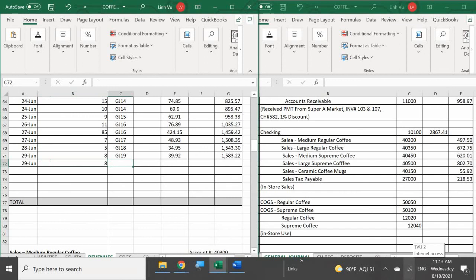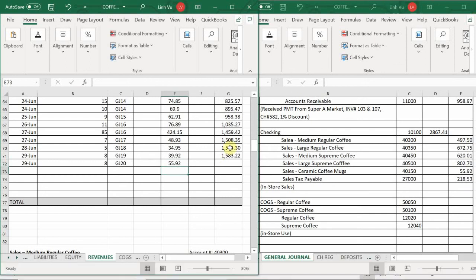General Journal 20, in total $55.92, giving us an ending balance of $1,639.14. Good, excellent.